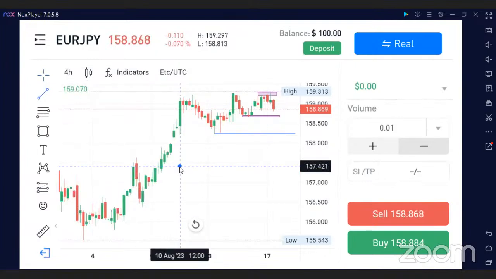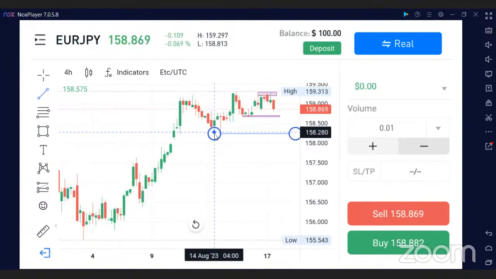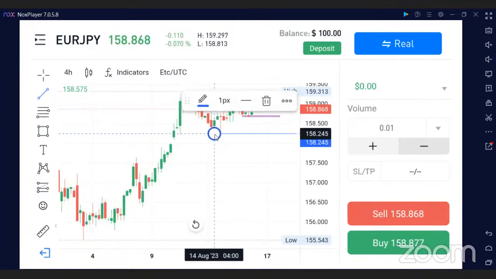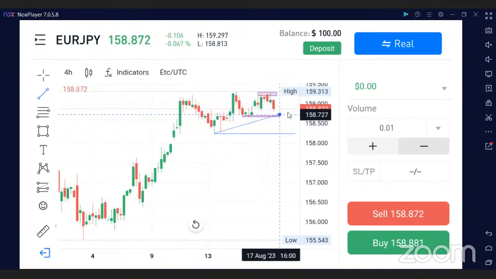For you to have a trend line, there must be a connection of previous zones. What I mean by connection is, I want you to look at this.